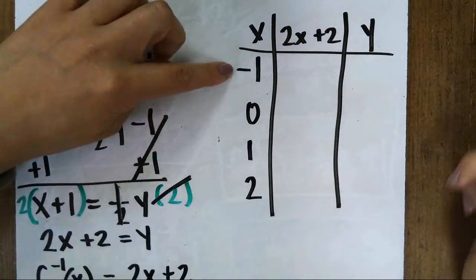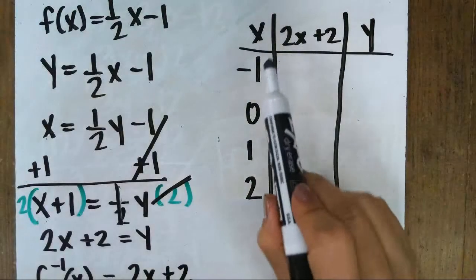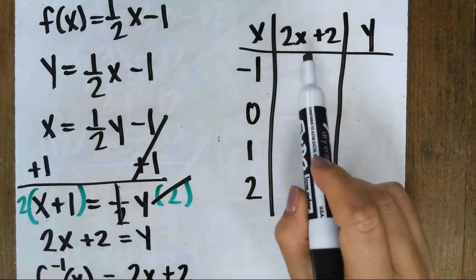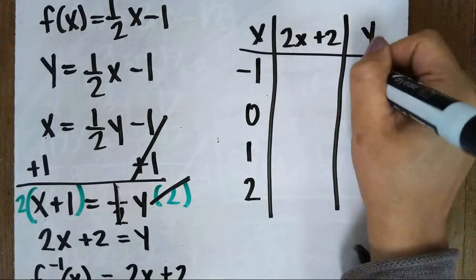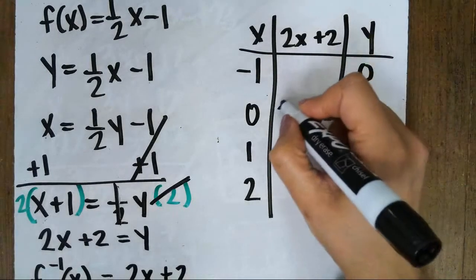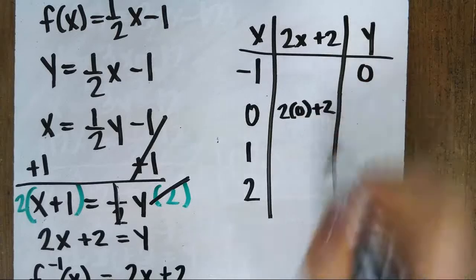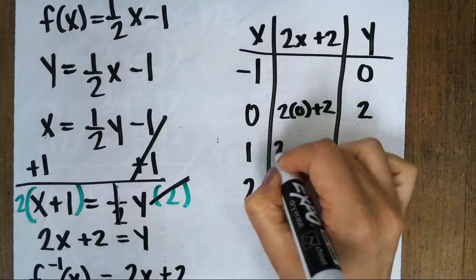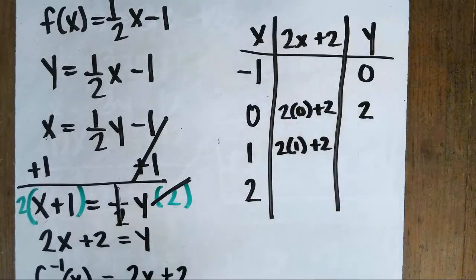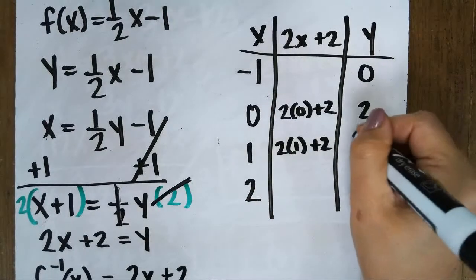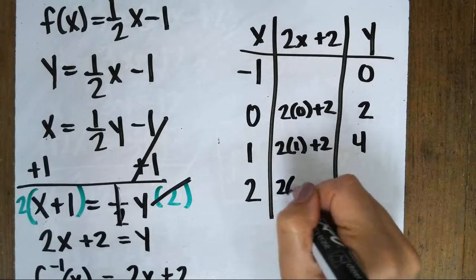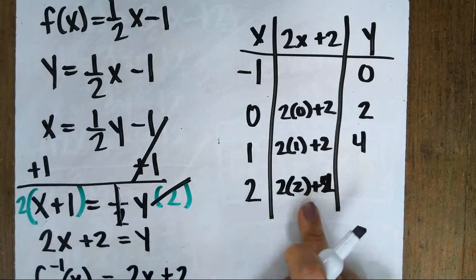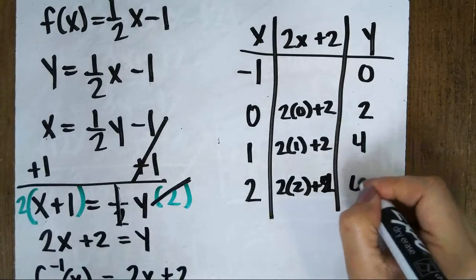Okay, so -1 times 2 gives me -2, and -2 plus 2 gives me 0. And then over here I have 2 times 0 plus 2. 2 times 0 is 0, plus 2 is 2. And then 2 times 1 gives me 2, and 2 plus 2 is 4. And then so on. So this is 2 times 2 is 4, plus 2 gives me 6.